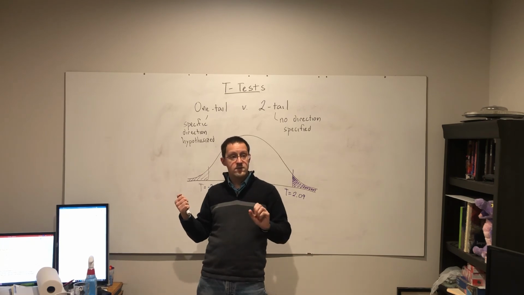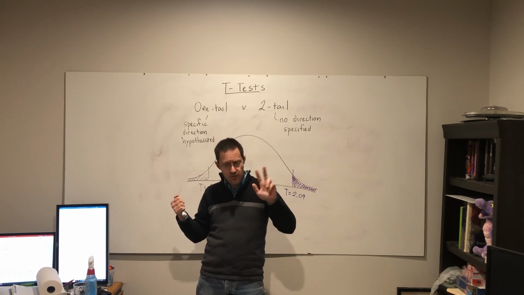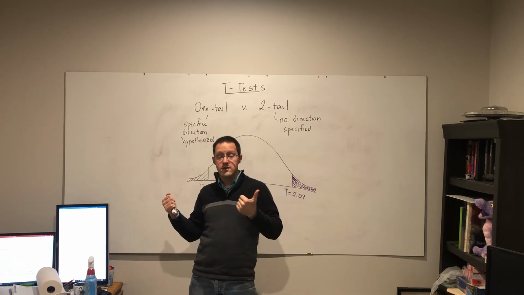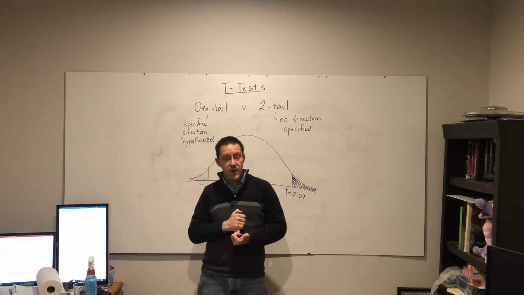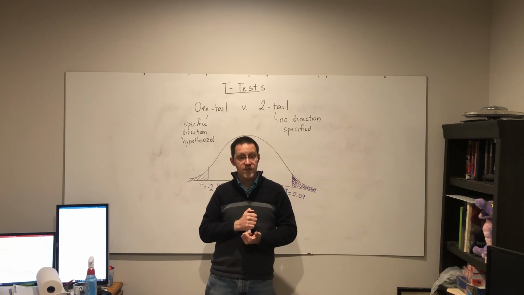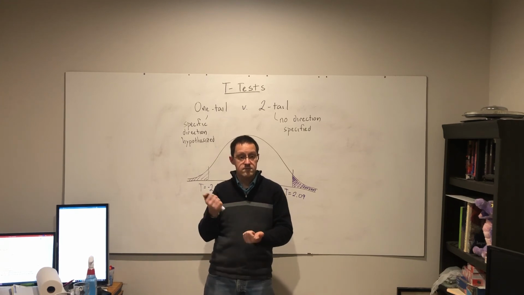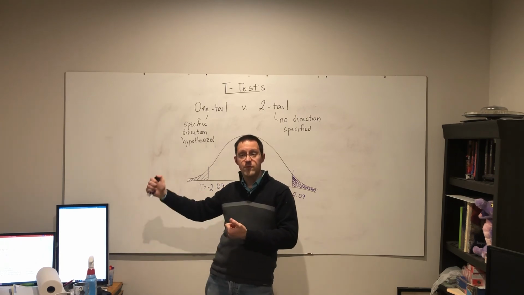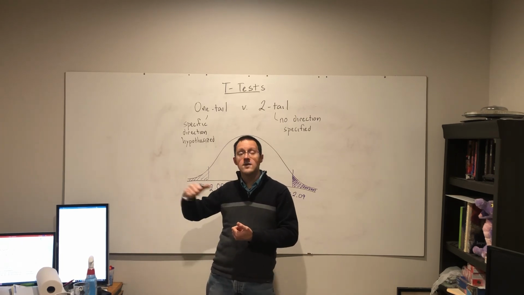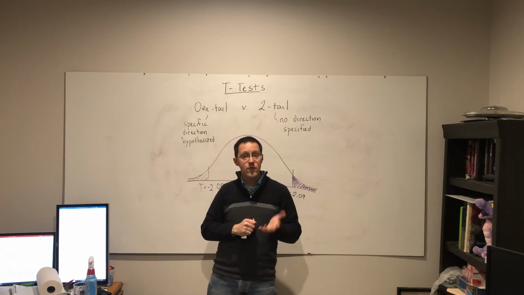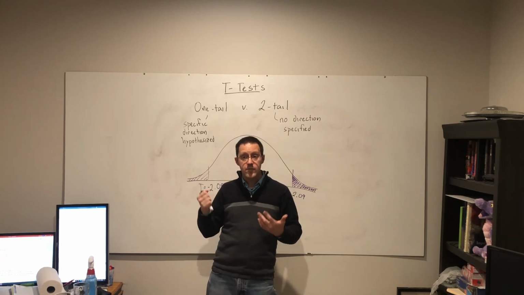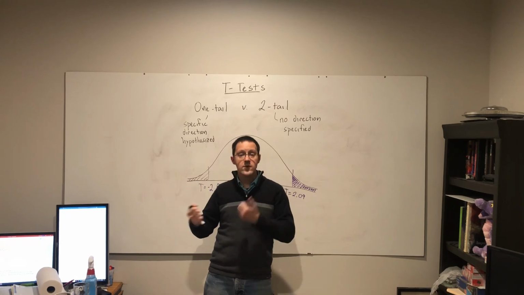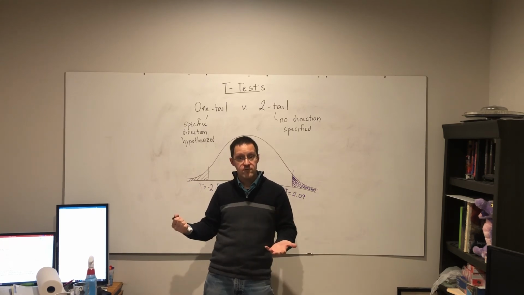Looking at 3 different kinds. The one sample, comparing the mean of some group against an external pre-specified value. Second, a 2-sample t-test, where we're breaking our data down into 2 groups and comparing the mean of each of those groups.